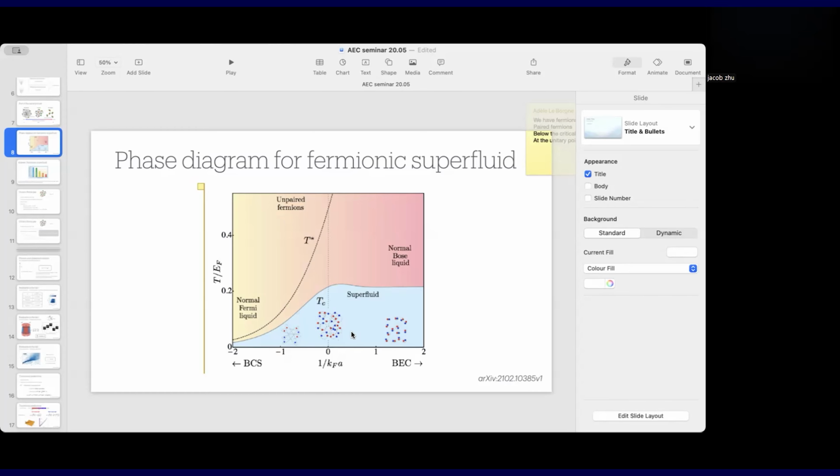Speaking of which, you said you needed two loops for temperature. Do you have any ideas why that is the case? What happens at one loop? Why can't you take that as the first-order connection? The first problem with temperature is that we looked at large N, so you have the fermion Matsubara frequencies, because you integrate the fermions out, so you need to sum over the fermion loop. But you can also create phonon loops, and the order at which you count is different. If you only compute one fermion loop, it's suppressed compared to one phonon loop.